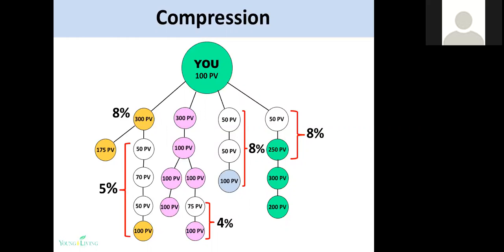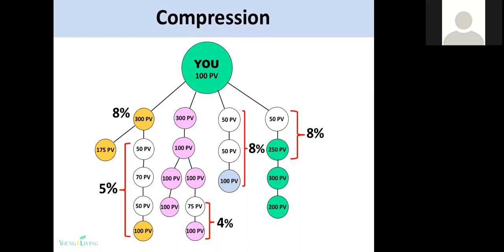And this is where there are the green dots. And the next person under them has 250 PV. So that member plus the member at the top that's personally sponsored with the 50 PV would be considered level 1, in which 8% would be paid. And then the next person with the 300 PV would be considered level 2, paid at 5%, and the person at the bottom with 200 PV would be considered level 3 and paid out at 4%. So we'll go ahead and move on from there.